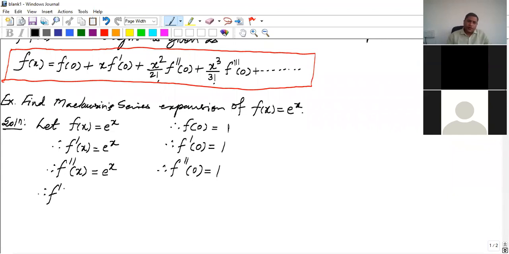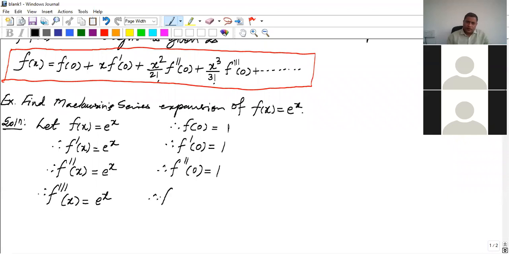Then the third derivative, f triple dash of x. This being an exponential function, it remains as it is, and hence the value of this third derivative at origin is going to be 1.